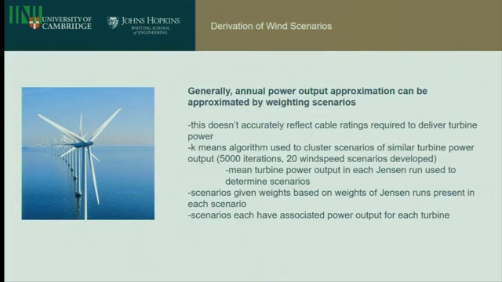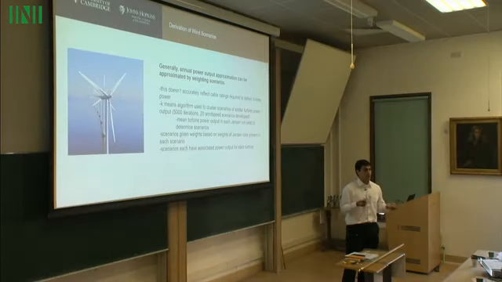After that, though, the problem doesn't get any simpler, because in order to actually integrate this into a true cable layout optimization problem, you need to consider both periods of low energy production and periods of high energy production. Because if you just have this average energy production curve, in periods of high energy production the cables that you install might not be capable of handling the high capacity energy.